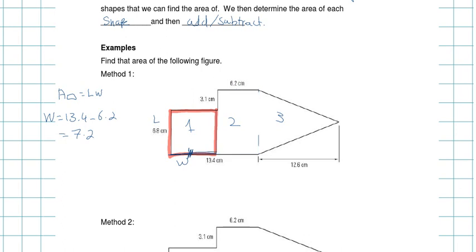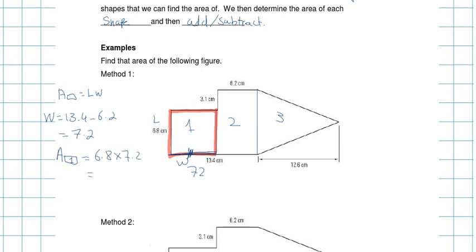All right, so my width is 7.2. So we just have to find the area of the rectangle. You can put area of 1 if you want, because I labeled it as 1. That would be 6.8 times 7.2, and the answer is 48.96.